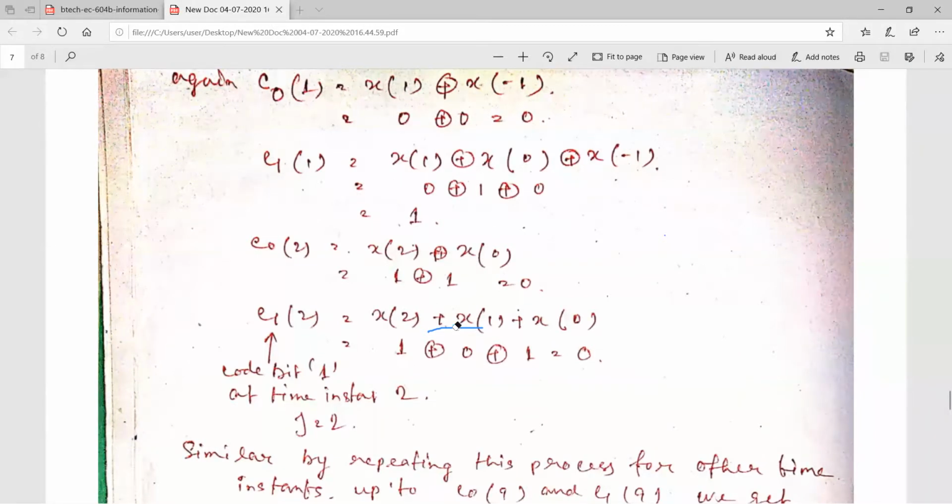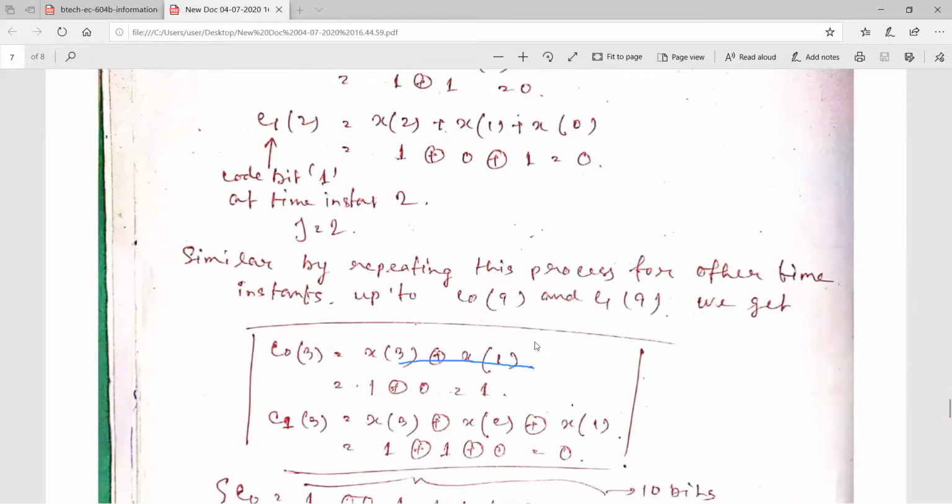Let me just erase it. Okay, so here we can get that 1 XOR with 0 is 1, and 1 XOR with 1 equals 0. So in this way we have to proceed up to C09 and C19.